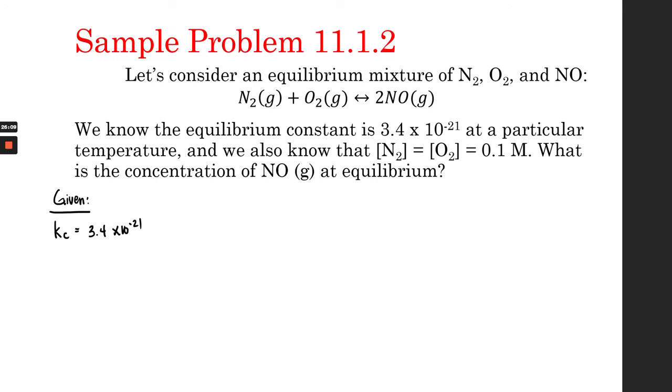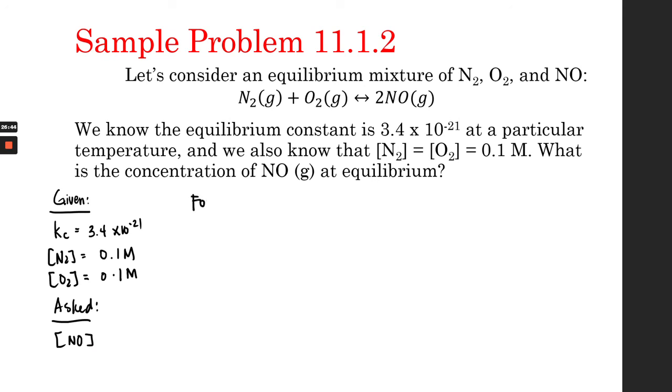And they also gave us the molar concentration of our reactants, which is 0.1 molar for both. So they have equal molar concentrations for both species in our reactants. And what they are asking us is basically the molar concentration of our products. So how much product do we have?